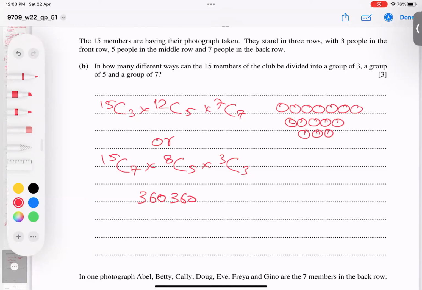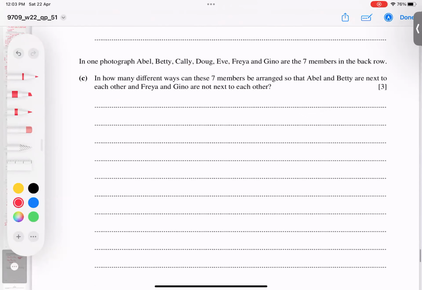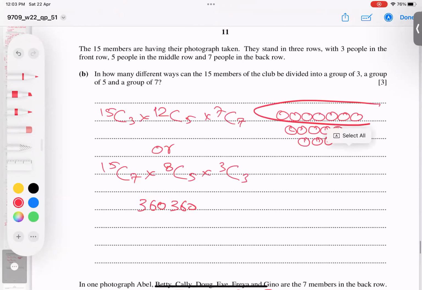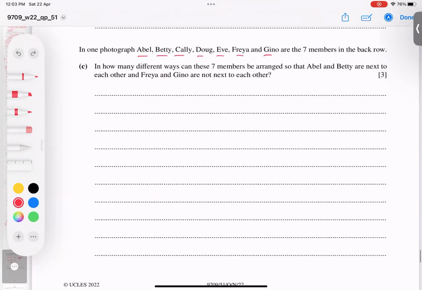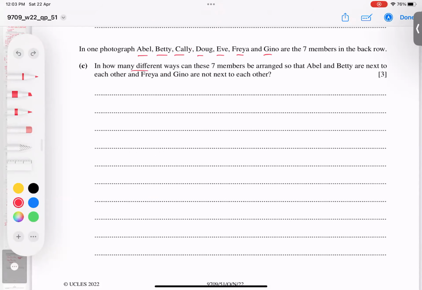And let's go for the next question. In a photograph, A, B, C, D, E, F, G, 7 members in the back row. You know the last row is 7 members. He's saying in how many different ways the 7 members can be arranged.